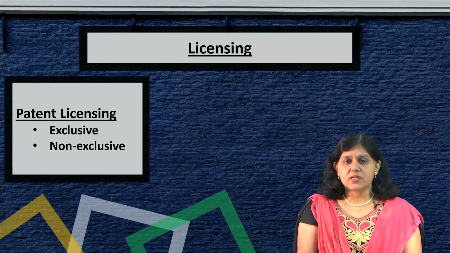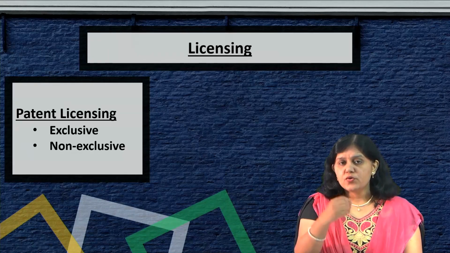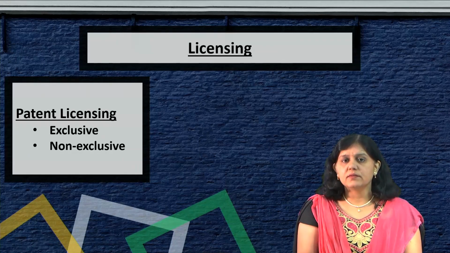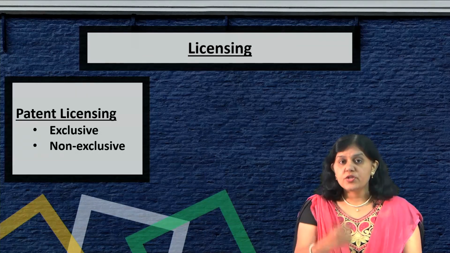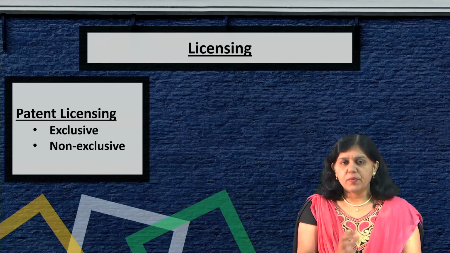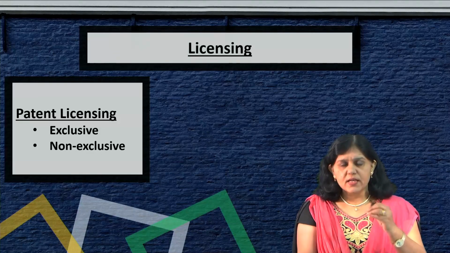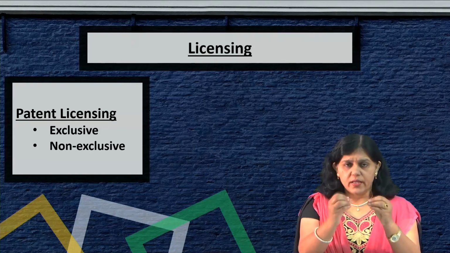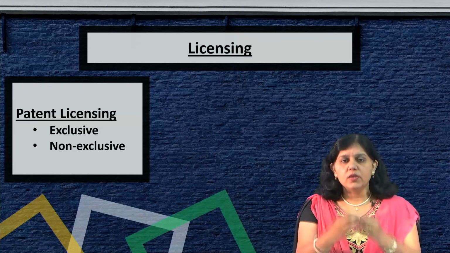Exclusive, as the name suggests, we have seen in one of the modules, in the future areas of IP, where we requested you to check the meaning of exclusive and non-exclusive. Probably you have gone through that. Exclusive means the right is given to only one party, only one entity.